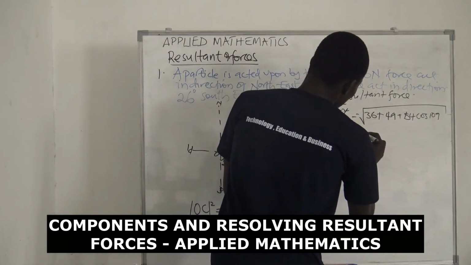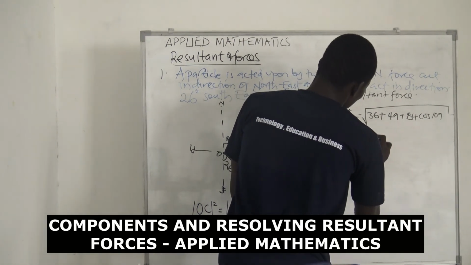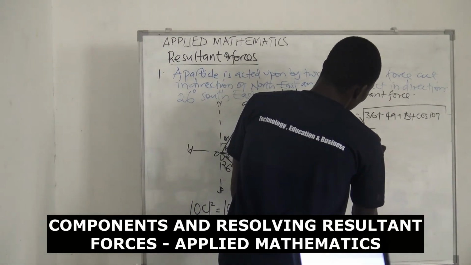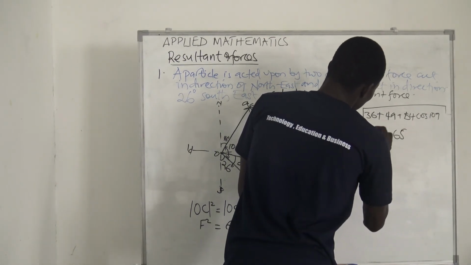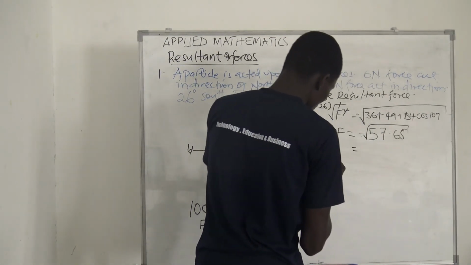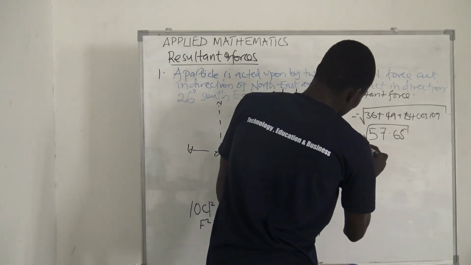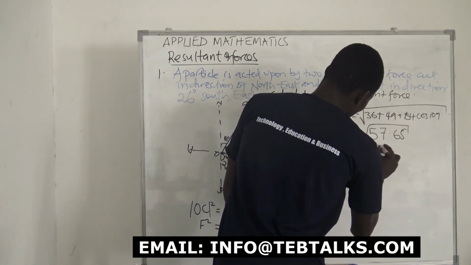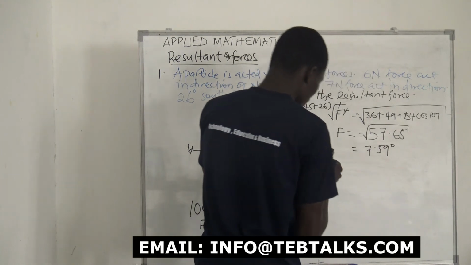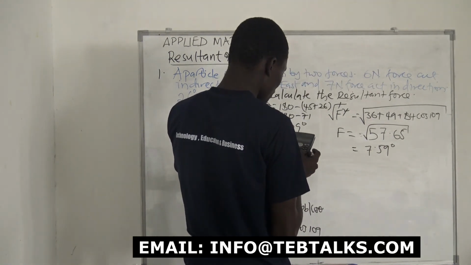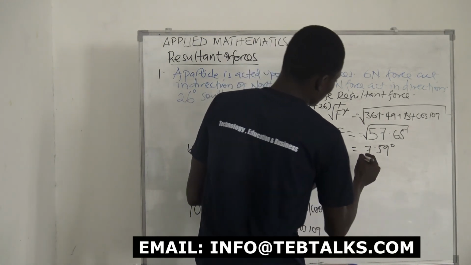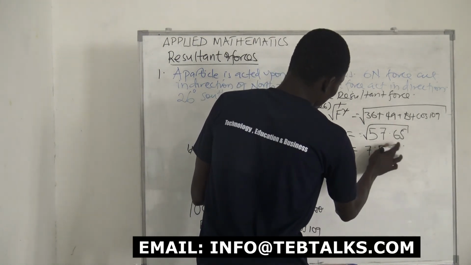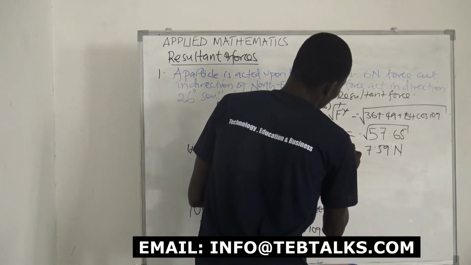We get 57.65 under square root, and the square root of 57.65 is 7.59 Newton, the force.